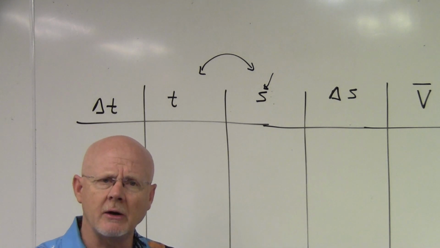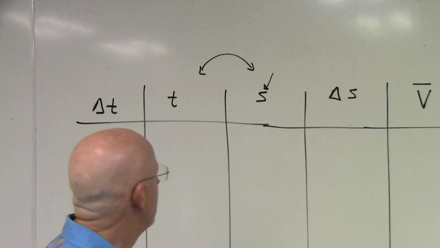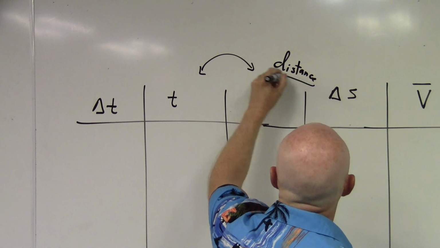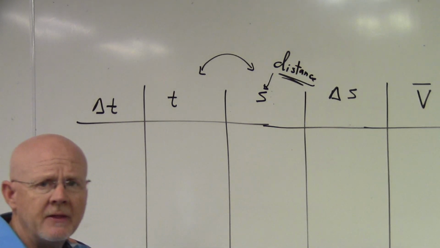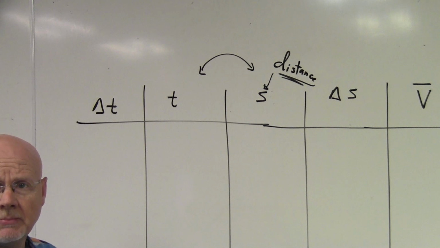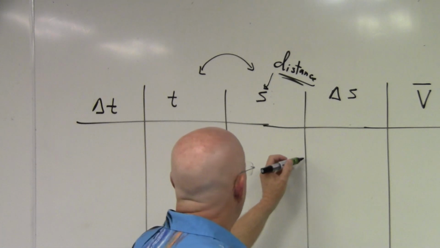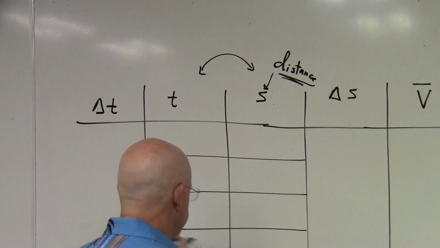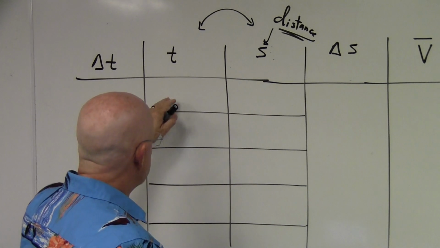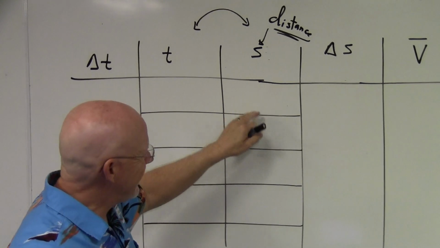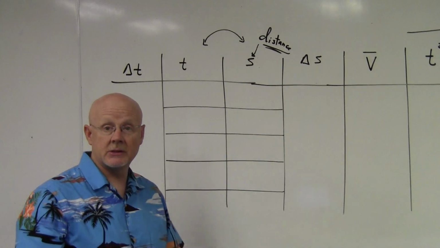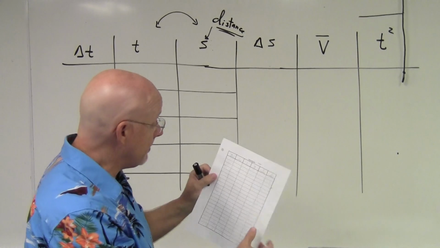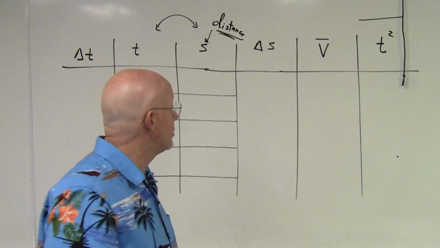Maybe you've seen S for arc length in your math class. So I'll put distance here on the board, and just keep in mind that S stands for the distance that Bob has fallen. We're going to fill in a table and mark down where Bob is at different moments in time, and we'll measure that.